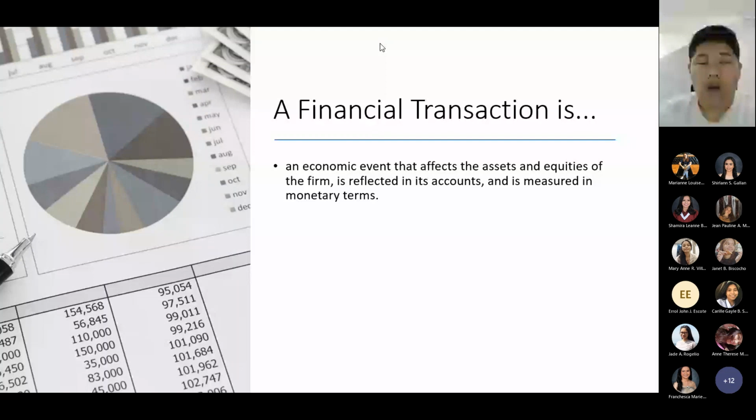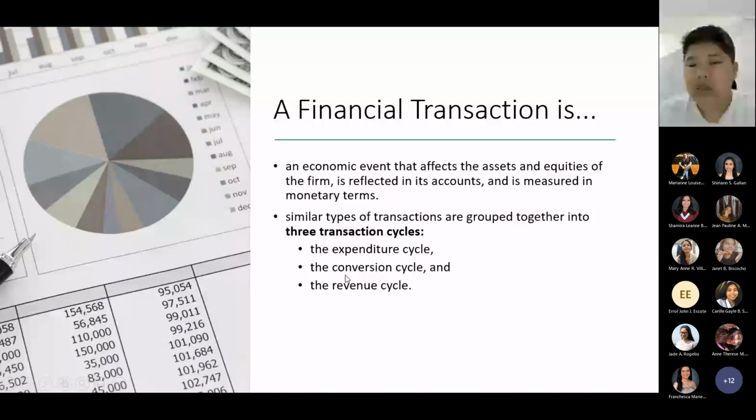So meaning these transactions are being recorded in the books. You collect the data, you process the data in the system or in a manual practice, and it is recorded in the books. Okay? Similar types of transaction are grouped together into three transaction cycles.